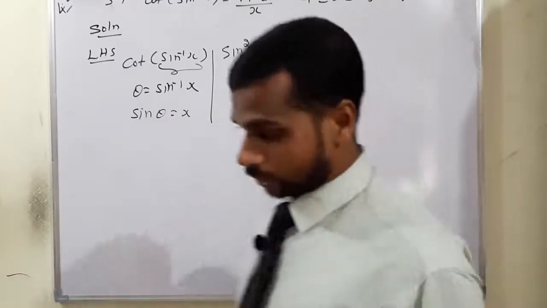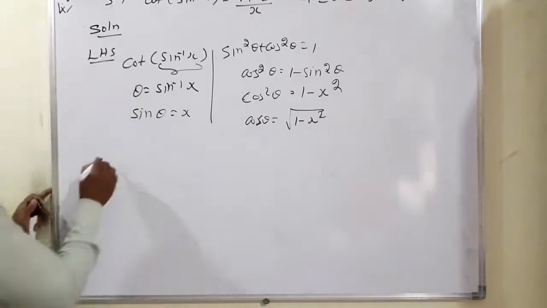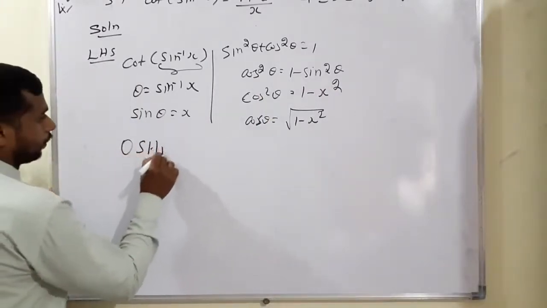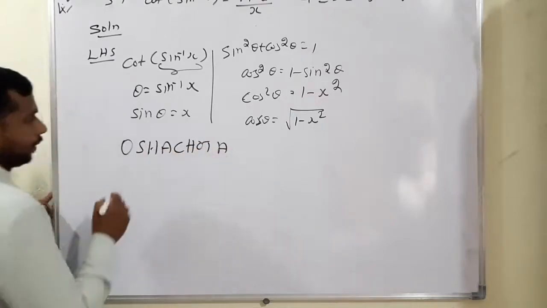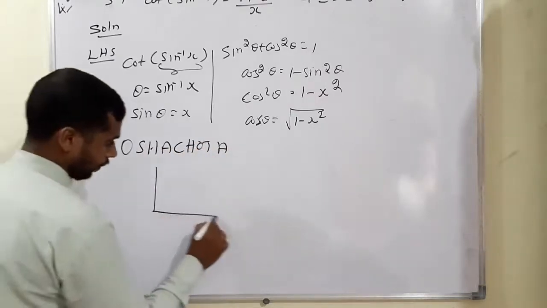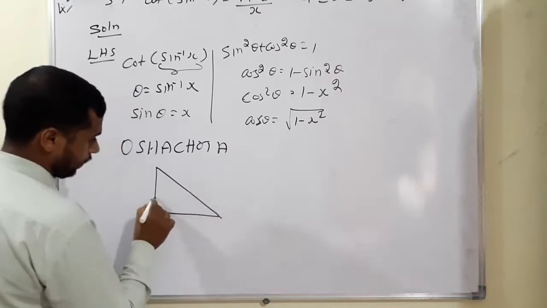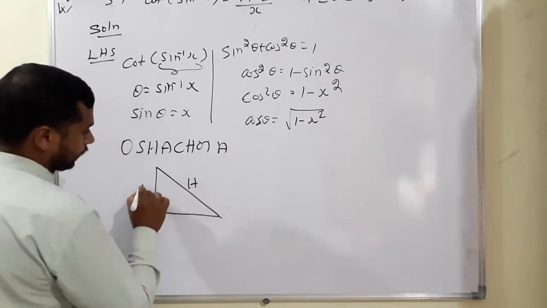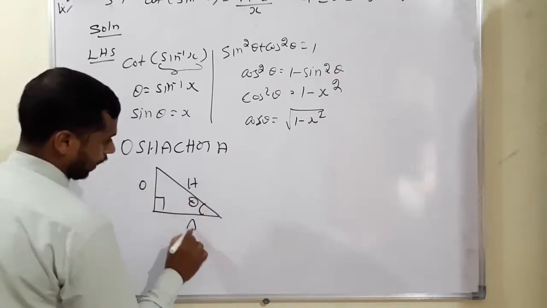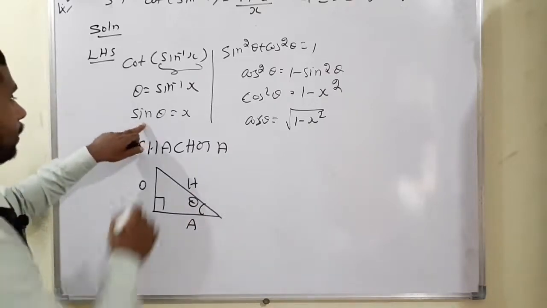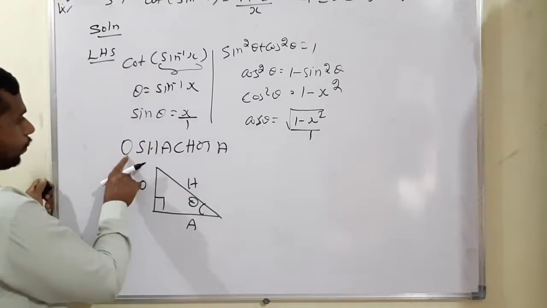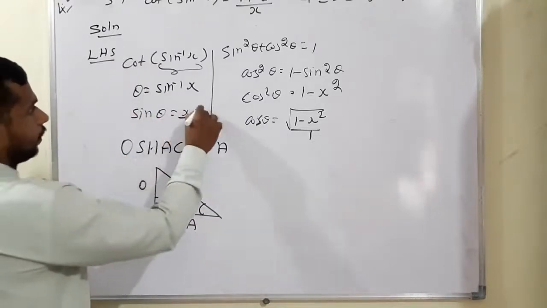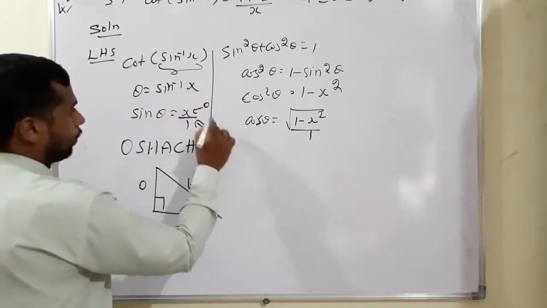Now, according to the right angle triangle form, if you draw one right angle triangle with hypotenuse, opposite and adjacent: sin theta divided by 1 means opposite divided by hypotenuse.